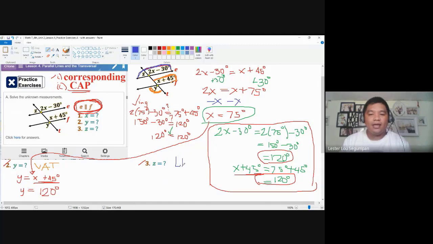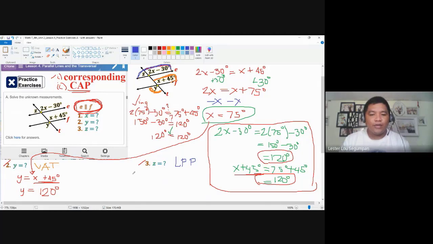And by the linear pair postulate, if we add their measurements, it should sum up to 180 degrees, because angles forming a linear pair under the linear pair postulate are supplementary. And if we say supplementary, they must sum up to 180 degrees.